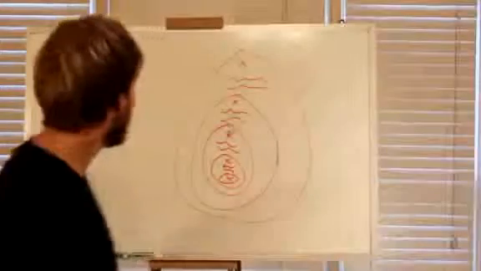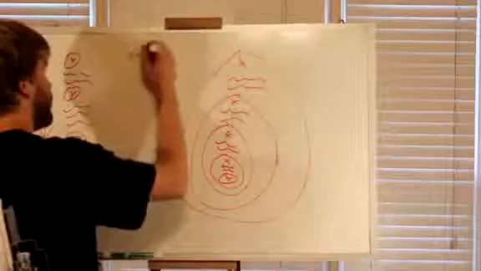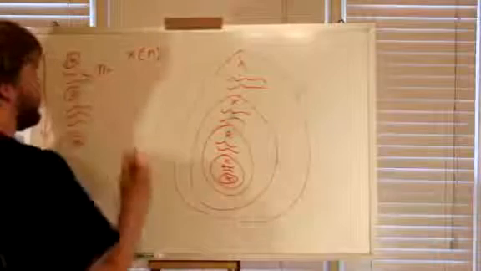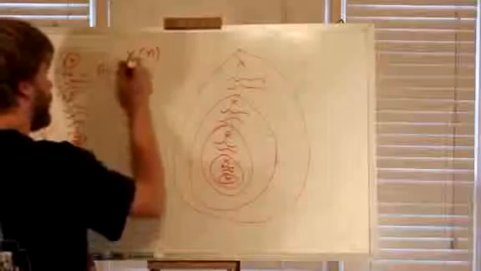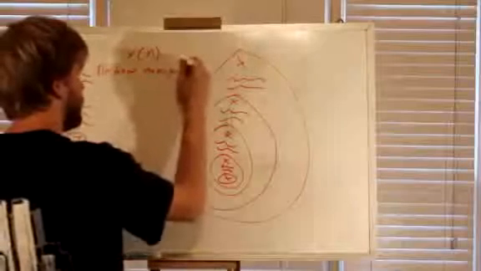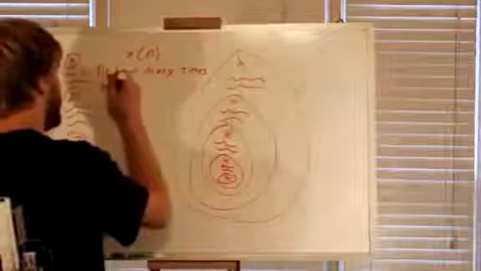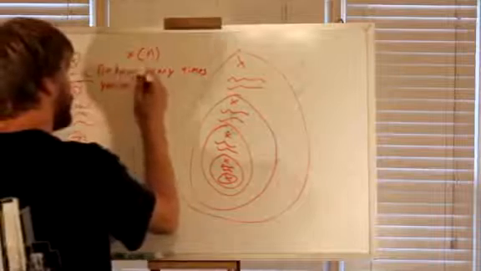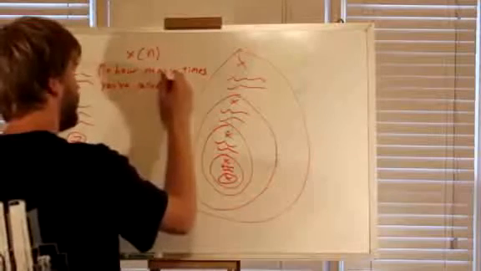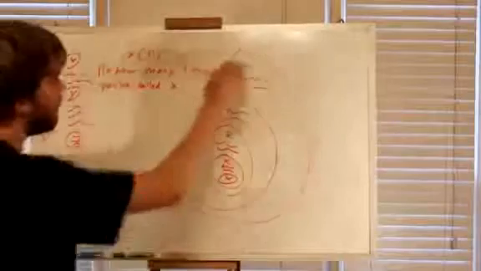So in this case we're going to say we have method X with parameter n, where n is how many times you've called X. N is how many times you've called X. So here maybe it's 0 because you can start with 0.